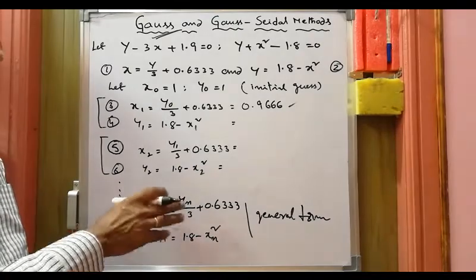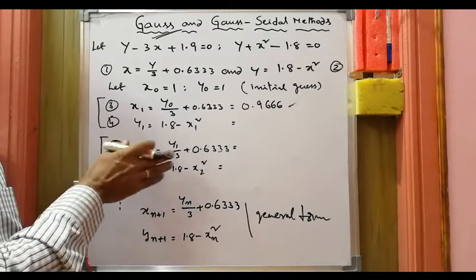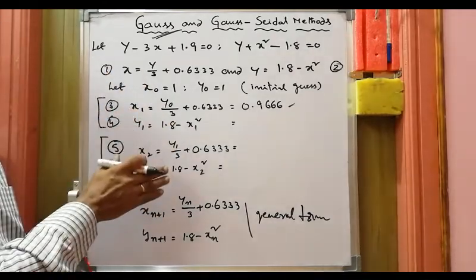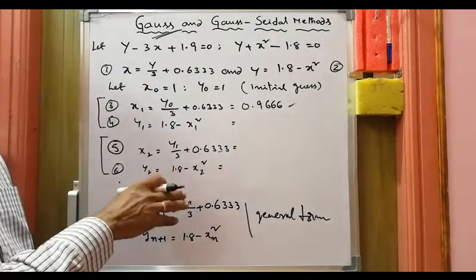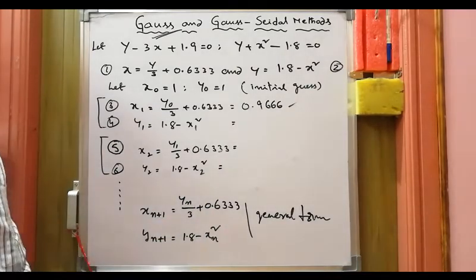So in the subsequent iterations, whatever are the latest values available, you substitute those so that quick convergence can be obtained.